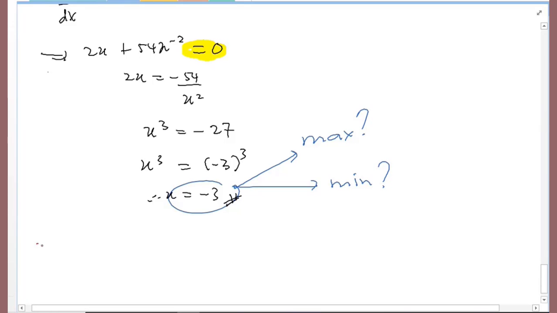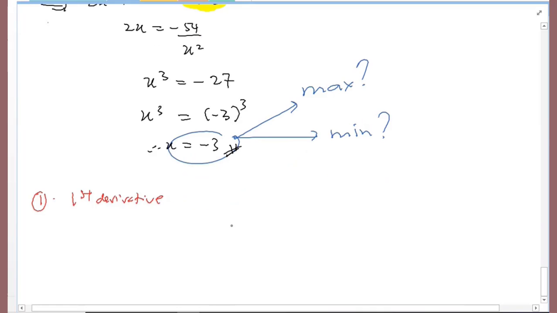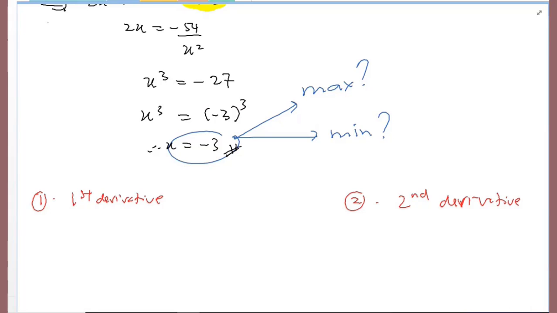First is the first derivative, second is the second derivative. Very easy, right? For the first derivative, let's say you change to a number line.